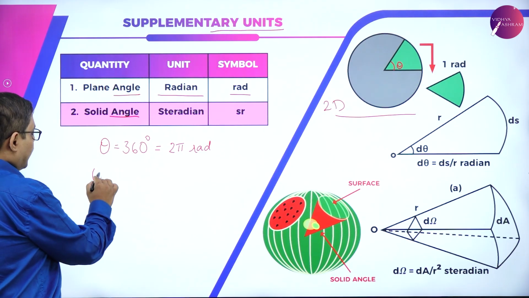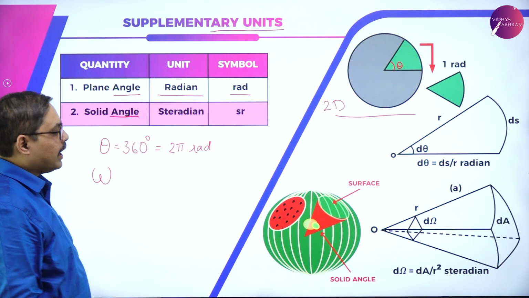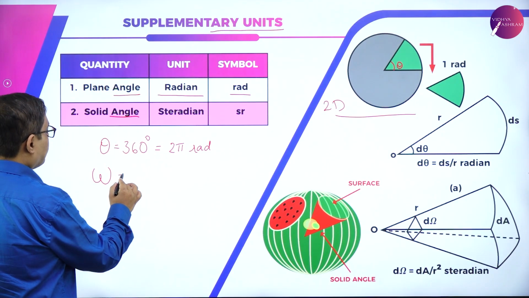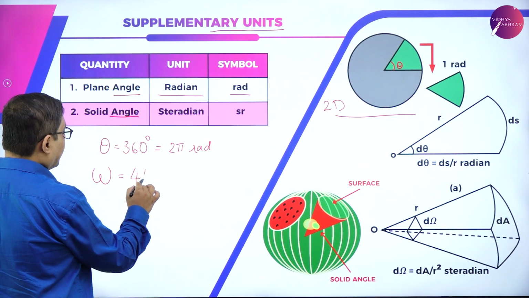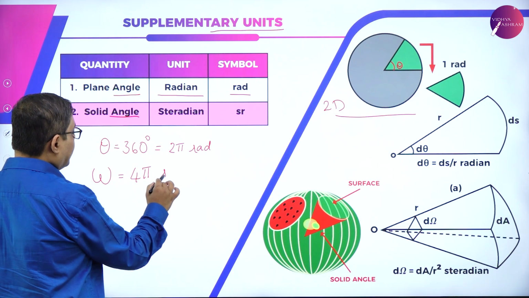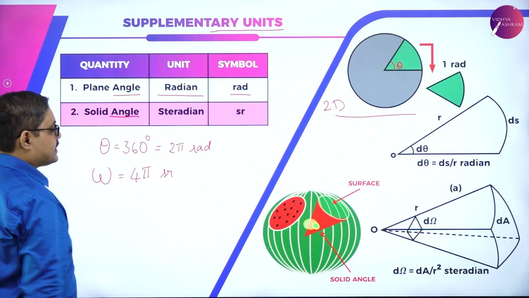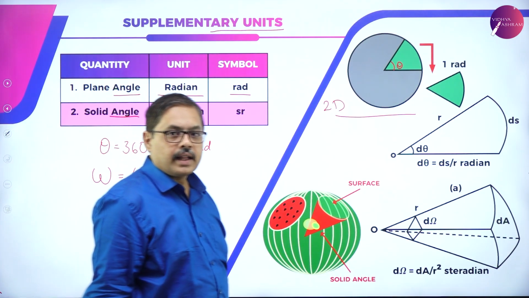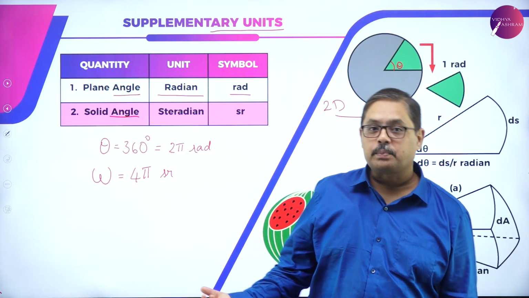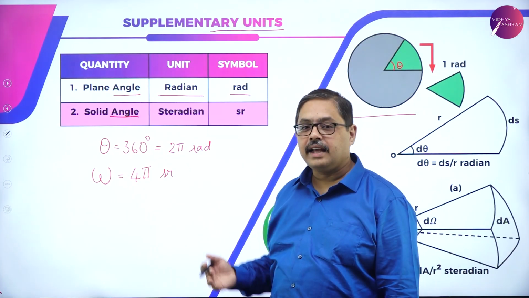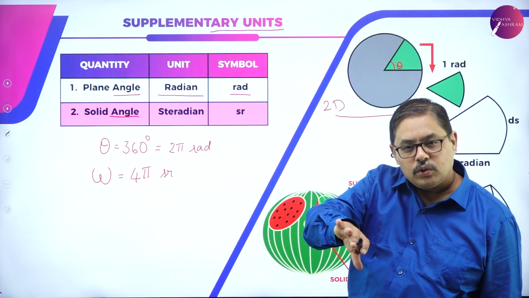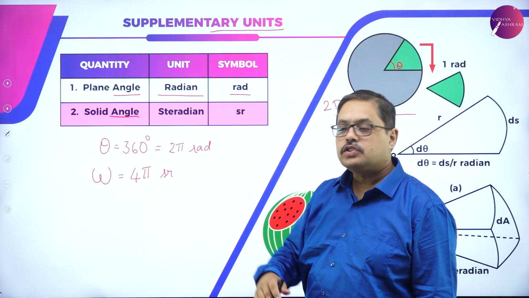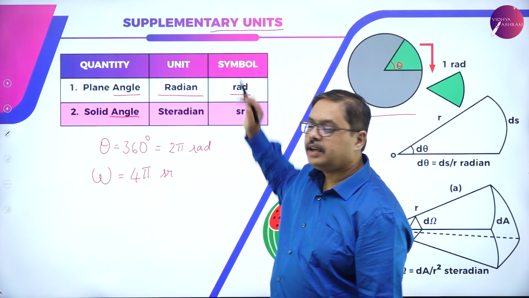Similarly, solid angle is denoted by omega. This is given by 4 pi and the unit is steradian. The symbol is sr. Okay, we could not express the quantity angle either with the fundamental units or with the derived units. So we took the help of supplementary units.